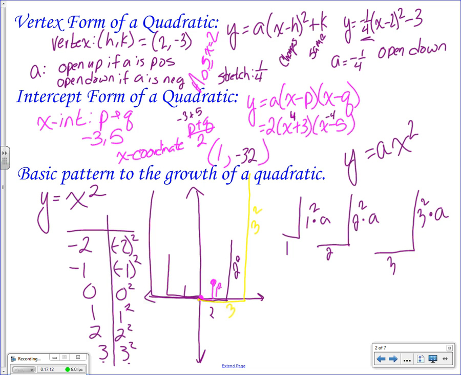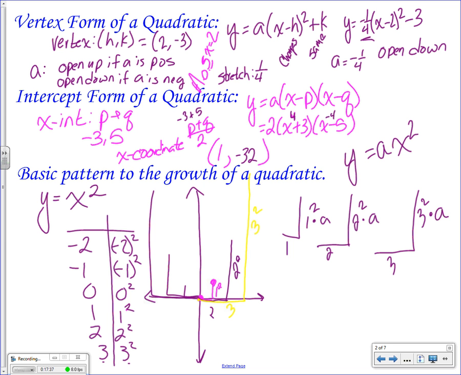Once you have your vertex, we're going to do some examples. This is just the basic pattern. If you remember 1, 1 squared, 2, 2 squared, 3, 3 squared, it's not that hard. If there's an A, we're going to multiply by A. Now we'll do some examples of how it works, and you can see it in motion.